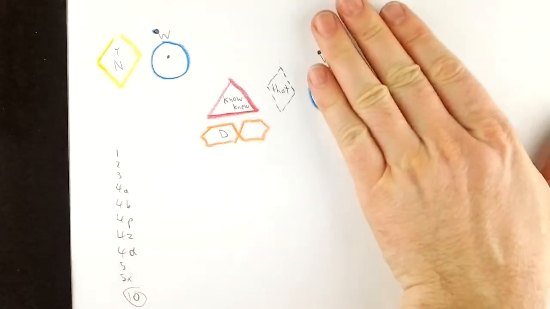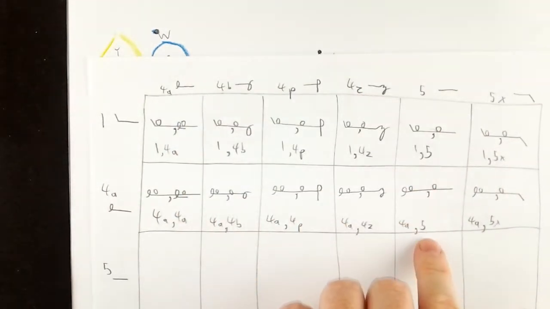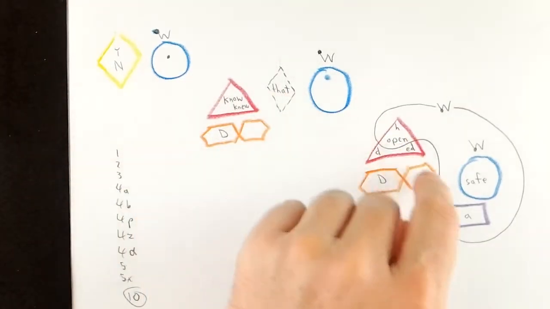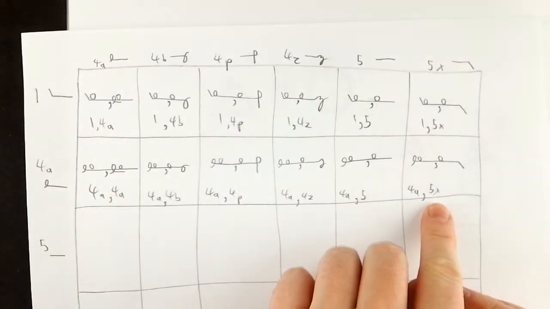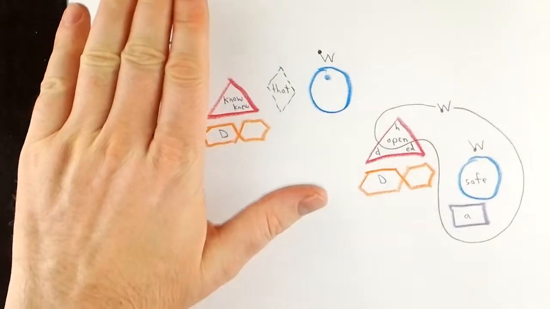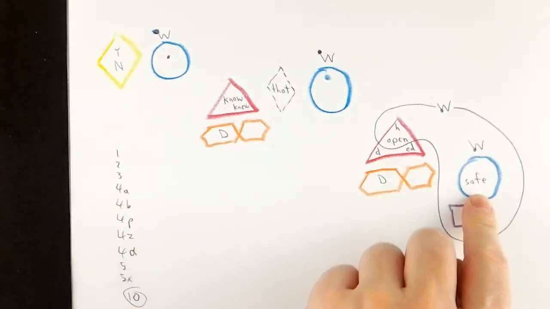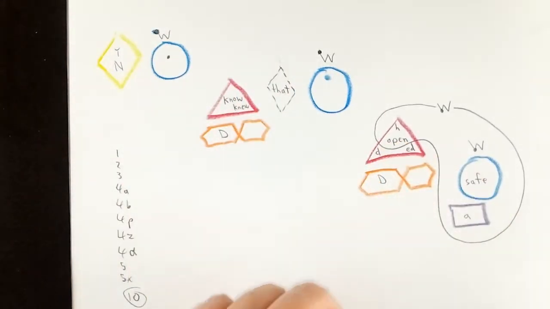Who knew what happened? Number 4A, 5. Who knew he opened a safe? Number 4A, 5X. Who knew he didn't open a safe?